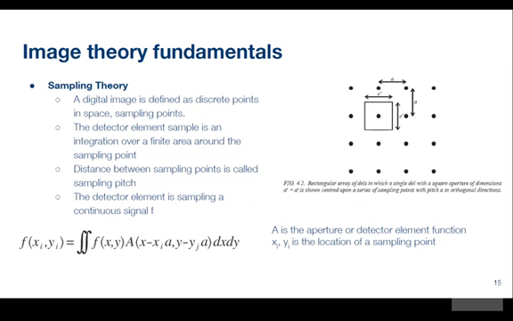Another important aspect of the imaging process in general is spatial sampling. If we have an object, it is a continuous distribution of locations.